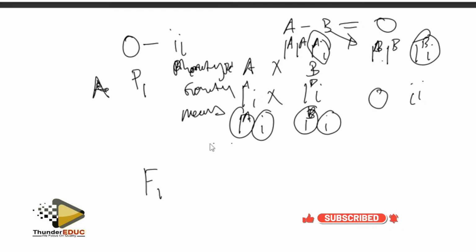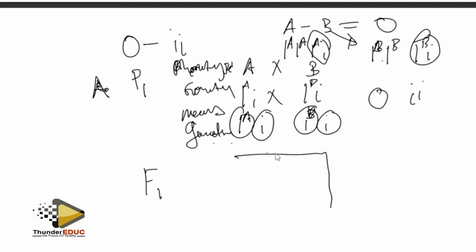Now, look. Now, these are gametes. So if these are gametes, now what happens here? You can use a Punnett square method, or you can just cross. Whatever you want, it is still fine. For example, let me use the Punnett square because I've been using the cross. So you draw your Punnett square here, and then you say, okay, you have A, you have i here.